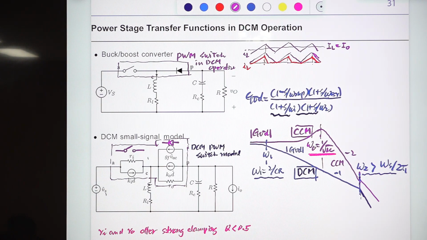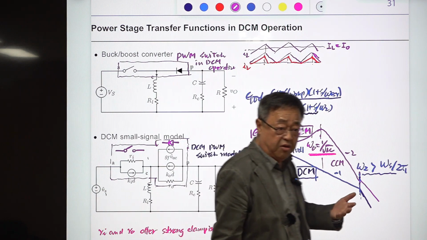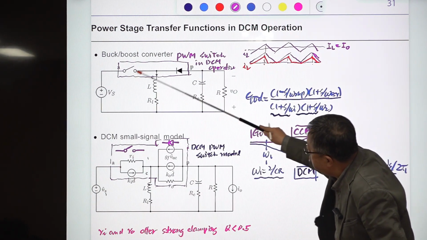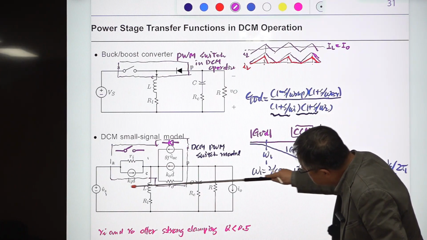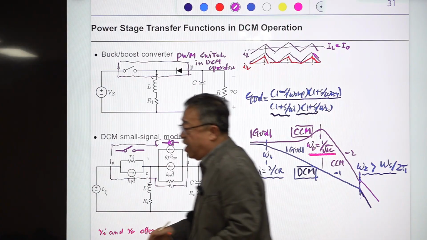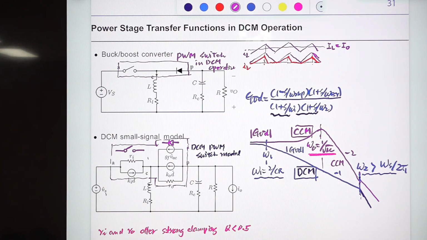It's very different from the previous case, and a little bit complicated to derive this, but an easy way of memorizing this is this one. This switch, active switch, is replaced by these 2 circuit components. One is RI, a resistor.